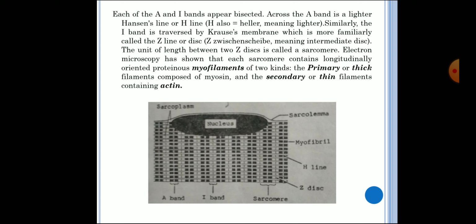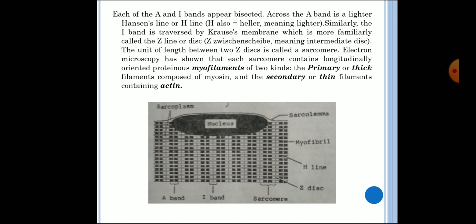The sarcolemma invaginates deeply at the Z line to form transverse sarcotubules or T tubules. These are useful in the transmission of impulses through the muscle fibers.